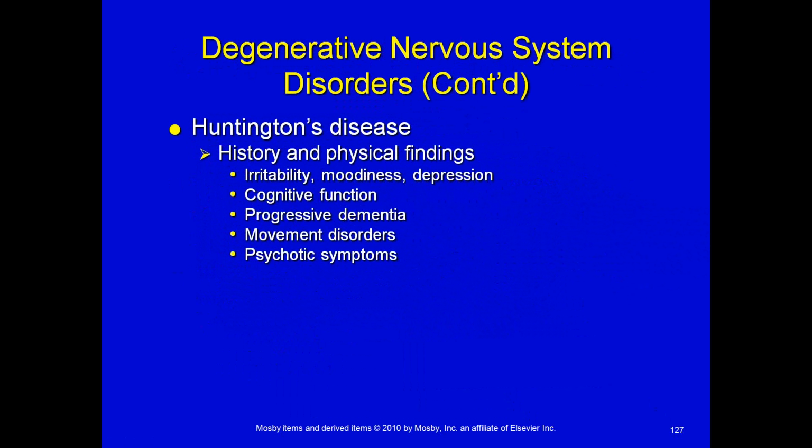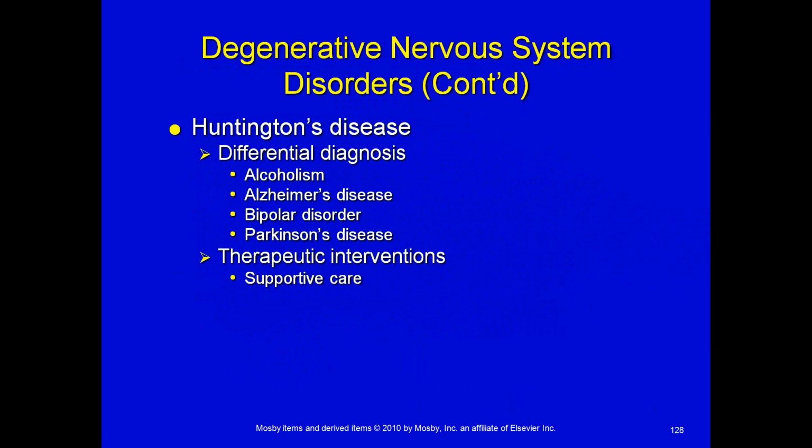Some history and physical findings with Huntington's: irritability, moodiness, depression, cognitive dysfunction, progressive dementia, movement disorders, and psychotic symptoms. Some differentials for Huntington's: you might think that a person with Huntington's would have alcoholism or Alzheimer's or be bipolar or Parkinson's. Therapeutic intervention for Huntington's disease is to provide supportive care.